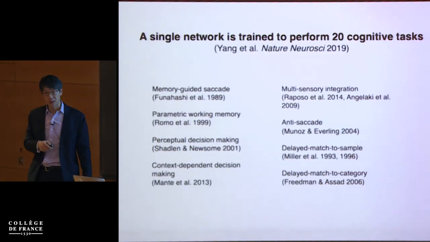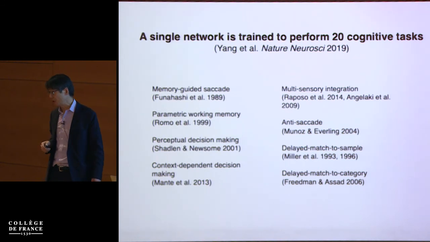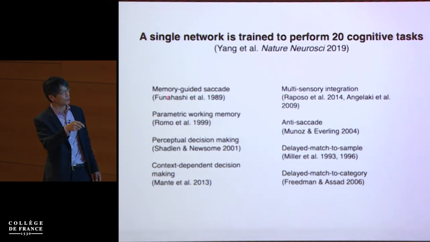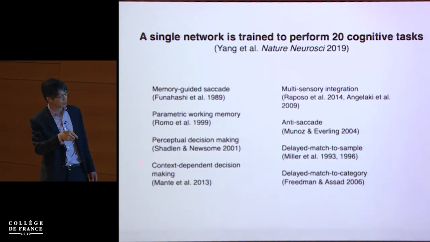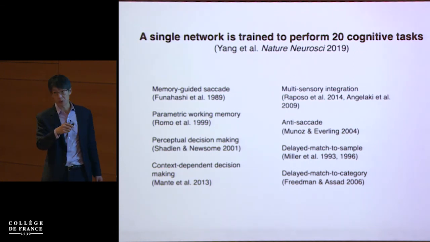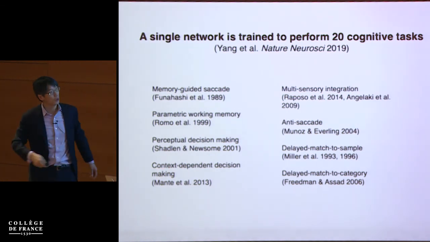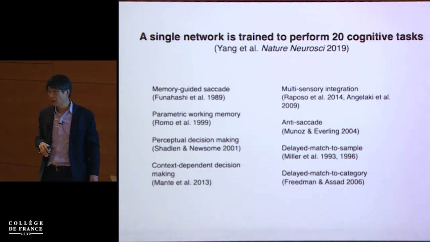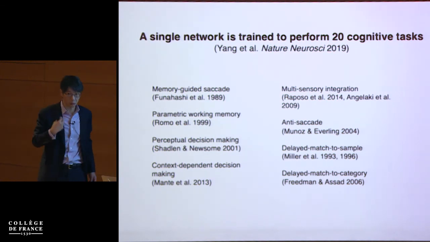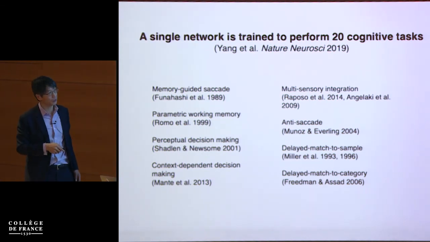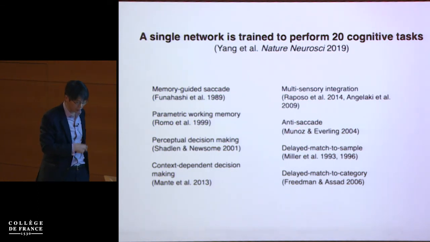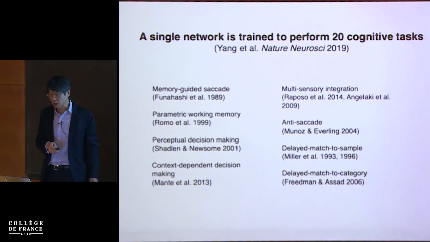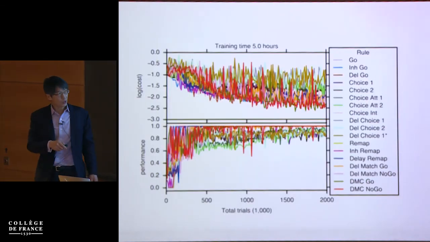We chose 20 tasks that are commonly used in monkey physiology. Those are the ones that include working memory, perceptual decision-making, context-dependent decision-making, multi-sensory integration, auditory versus visual information integration, pro versus anti-saccade, that would involve inhibitory control of prepotent response, delayed match to sample, delayed match to category, etc. It turns out that indeed you can train a single network to do all these tasks, as shown here.